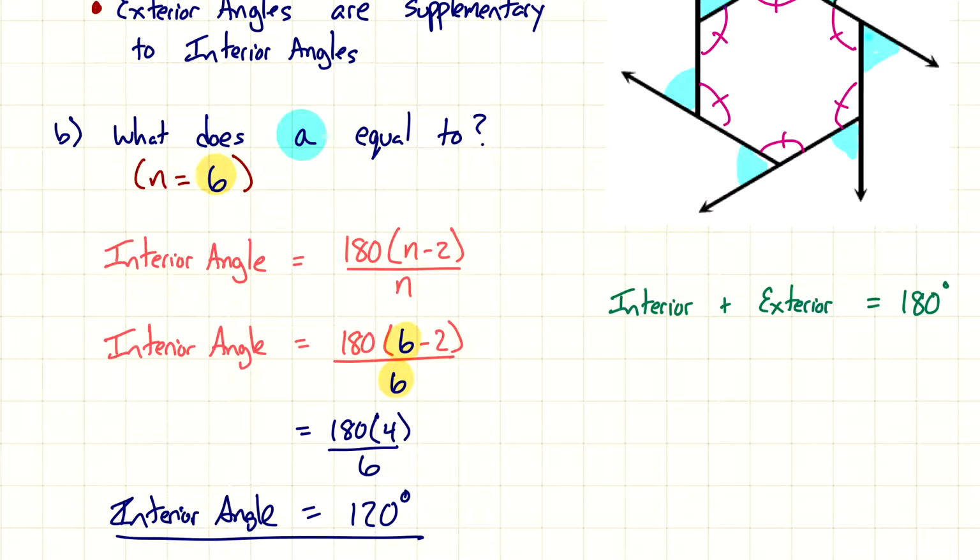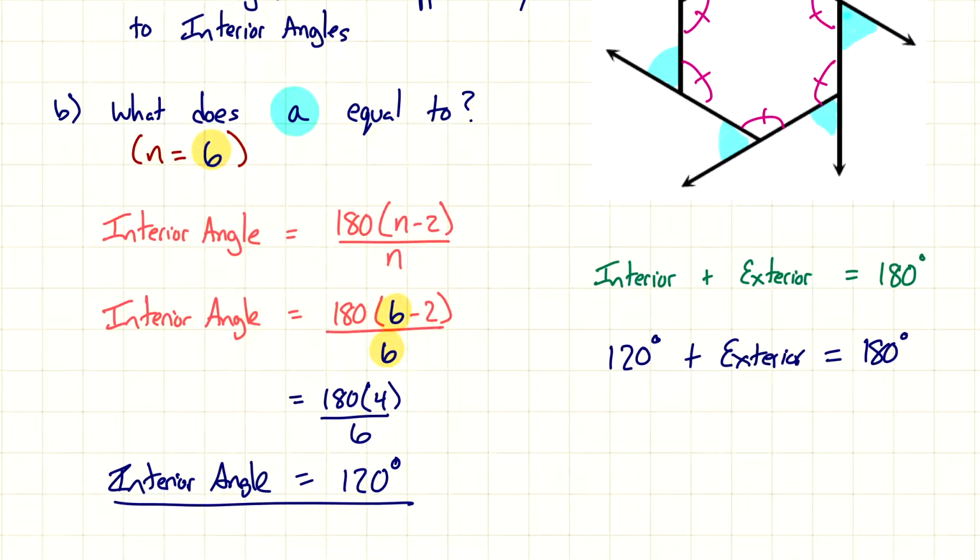So now I know this is 120 degrees plus the exterior should equal 180. So that must mean, if we do some calculations here, if we subtract 120 from both sides, we're left with an exterior angle equal to 60 degrees.